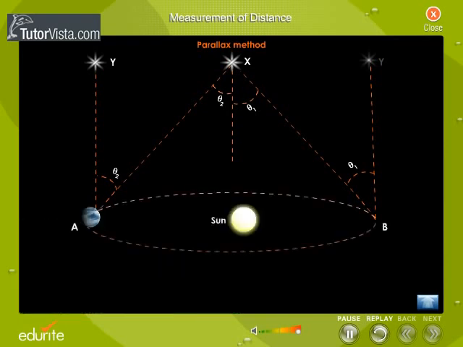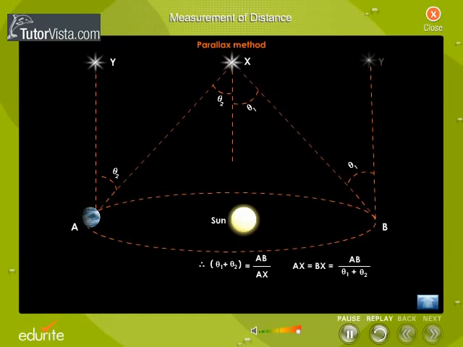The total angle subtended by the star X on the Earth's orbital diameter is equal to θ1 plus θ2. We know from geometry of figure that the angle subtended is equal to the arc divided by radius. Therefore, θ1 plus θ2 is equal to AB by AX.